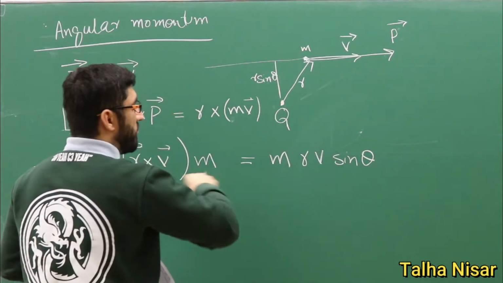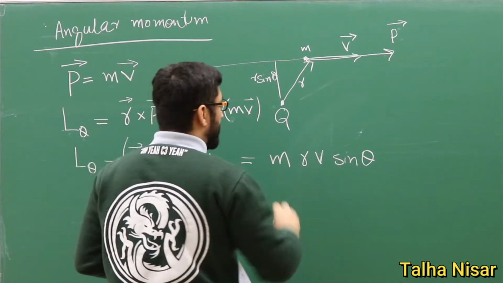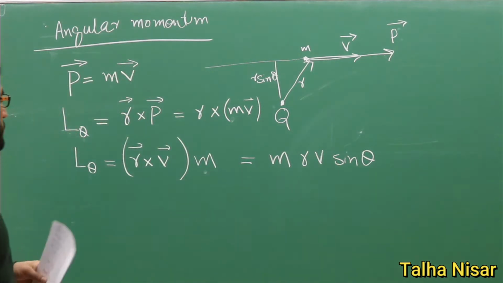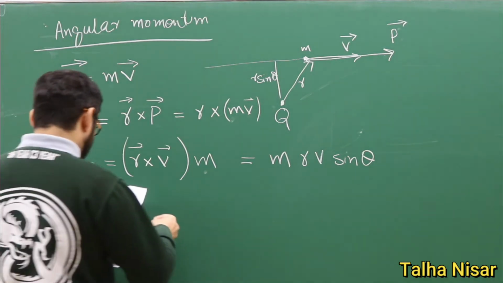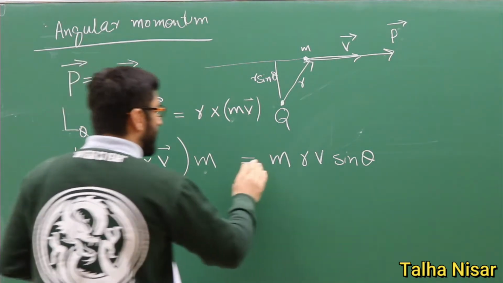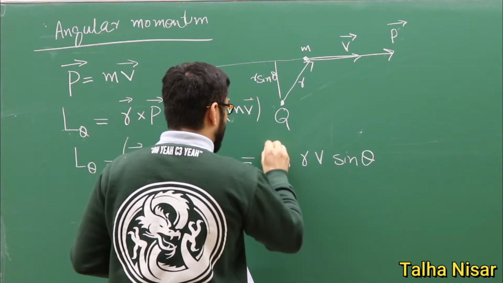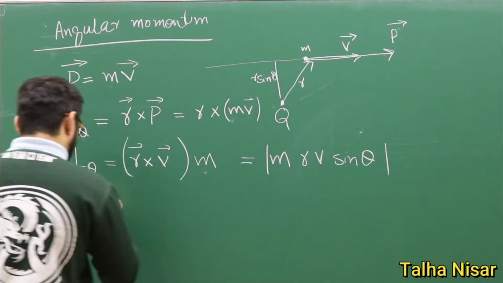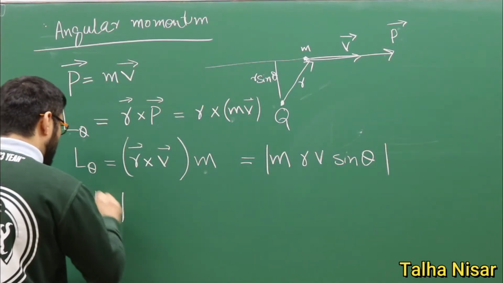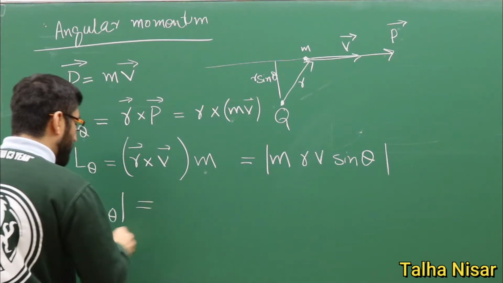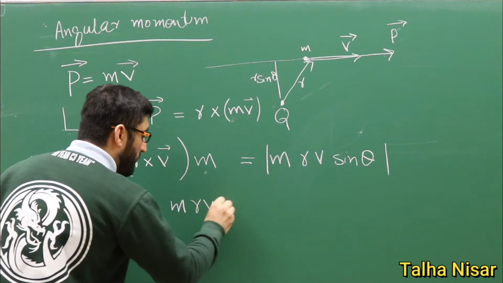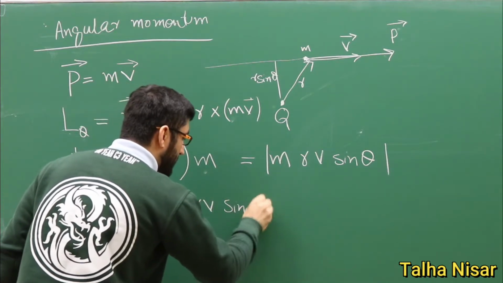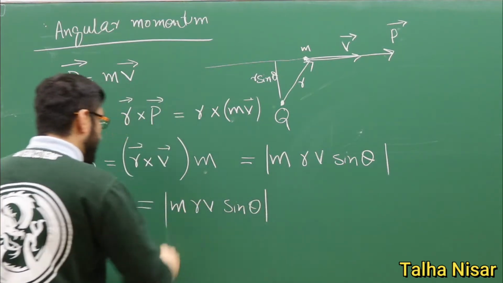This is the perpendicular, so we have m v r sine of theta. So the magnitude of the angular momentum L_Q is m r v sine of theta.